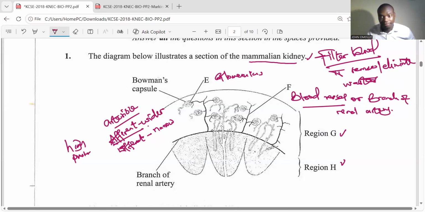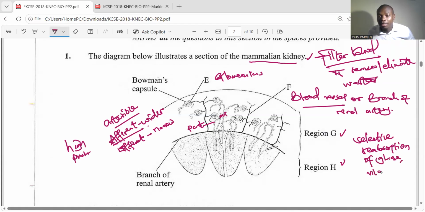Another thing that is going to happen: we have right here the proximal convoluted tubule, and right here we have the distal convoluted tubule. So these tubules do what is called selective reabsorption of glucose is one of them.